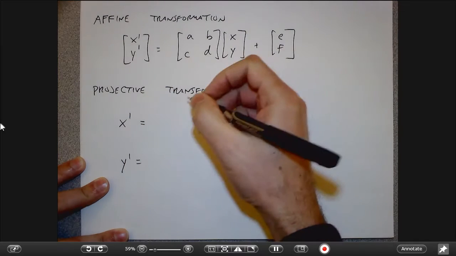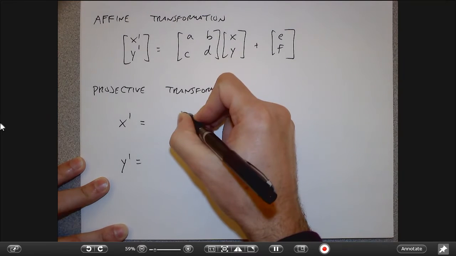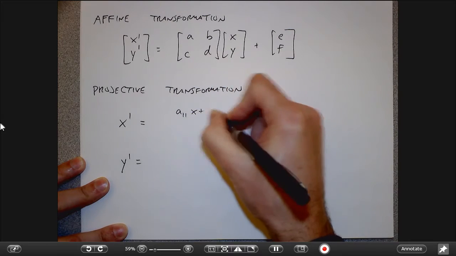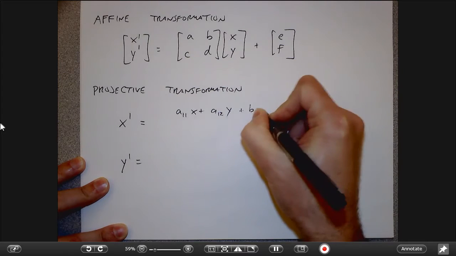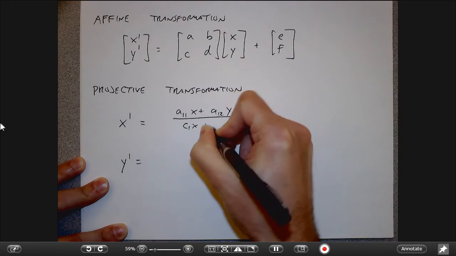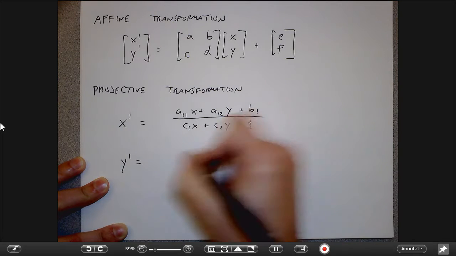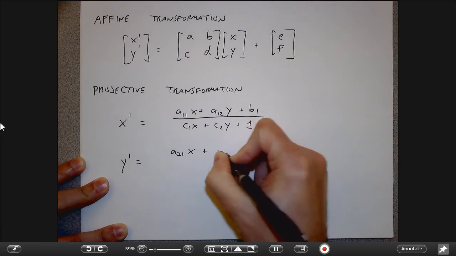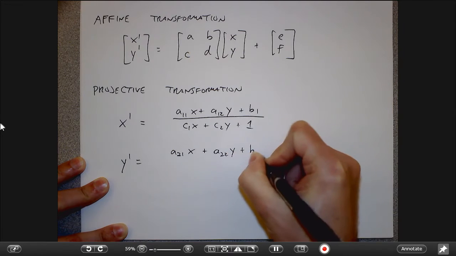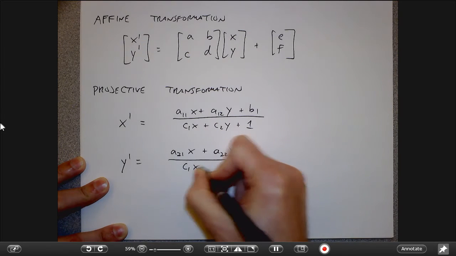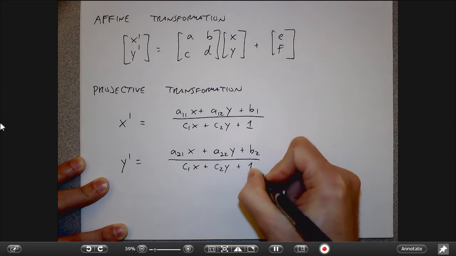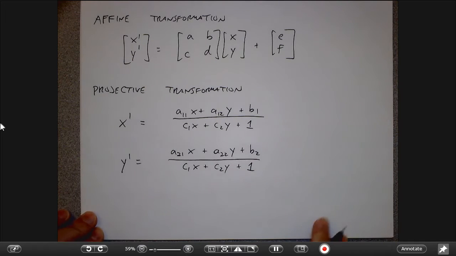So the way I would write this would be something like this. Now there's a denominator that wasn't there before. And so this is kind of like a generalization of an affine transformation, in the sense that if I made these C's in the denominator 0, then I would just have a normal affine transformation.